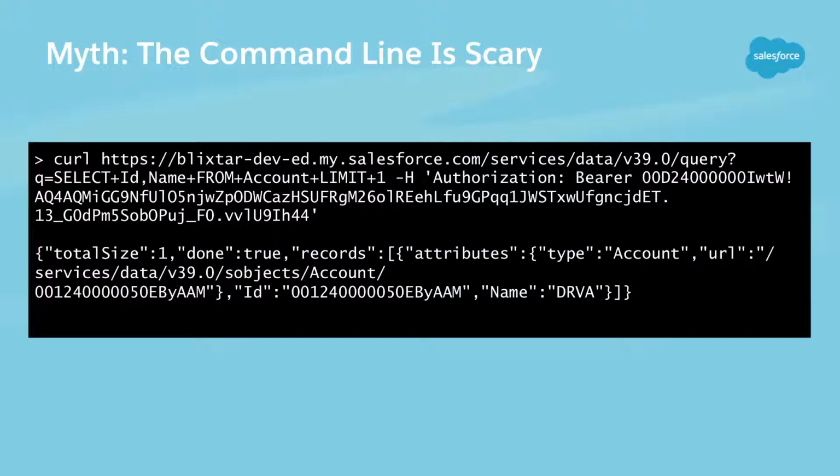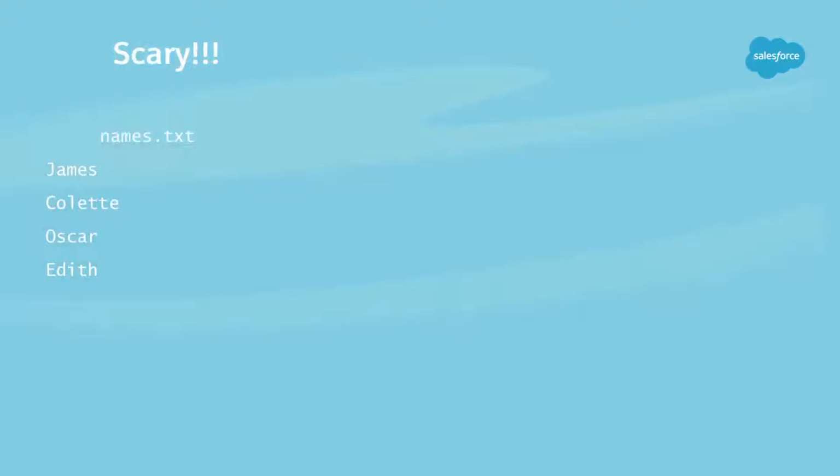This is actually a call against the Salesforce REST API to perform a SOQL query, which means if you're going to call Salesforce, you need to be authorized, so you need a user. You need to encode the URL. You need to know what the URL is. You need to make the query work in a URL, and then you get data back in JSON, which isn't necessarily easy to read.